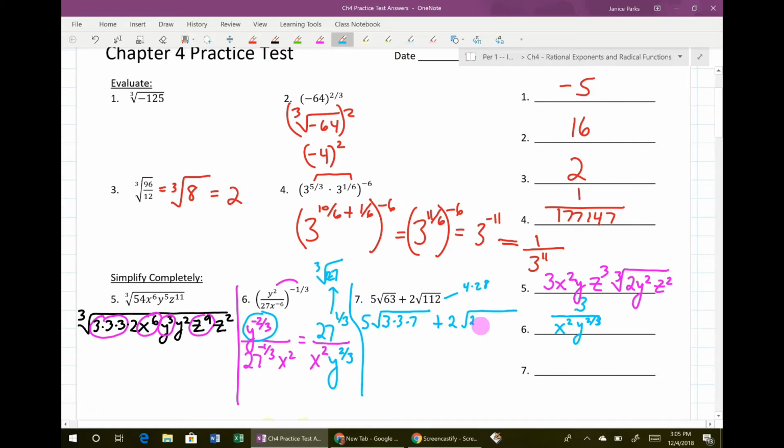So that's going to be 2 times 2 times 2 times 2 times 7. Again, these are square roots. When you take the number from inside the radical to outside, you multiply by the coefficient that's already there. So you're going to get 15 square roots of 7 plus 4 times 2, so 8 square roots of 7. That gives you 23 square roots of 7.